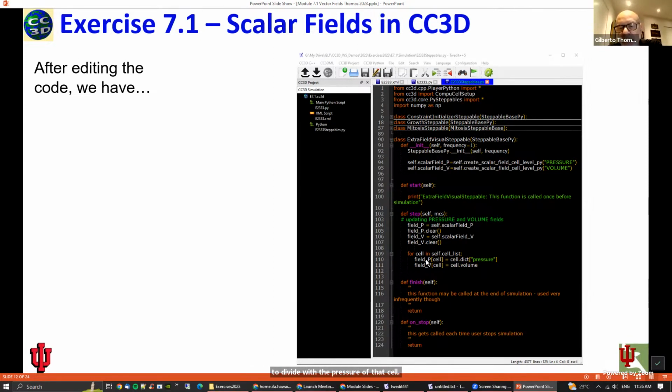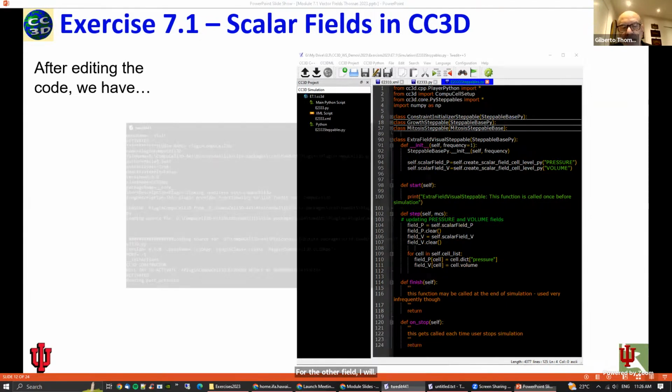So I'm saying that in the position of the cell, the value is the pressure of that cell. So this is the spatial value of the field. And for the other field, at the position of the cell, I will put the volume of the cell.